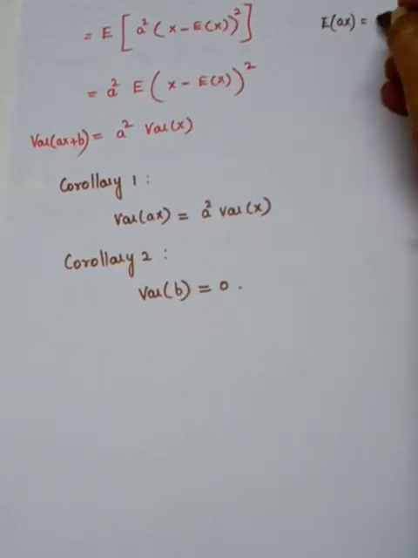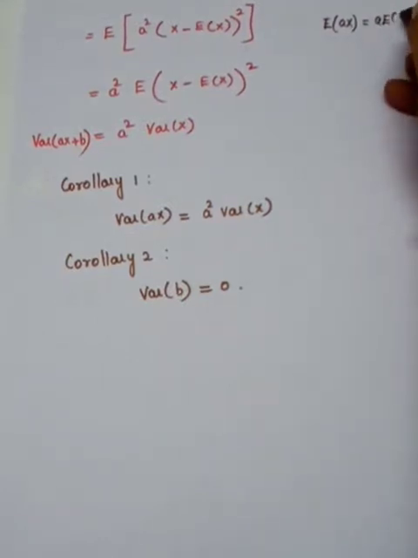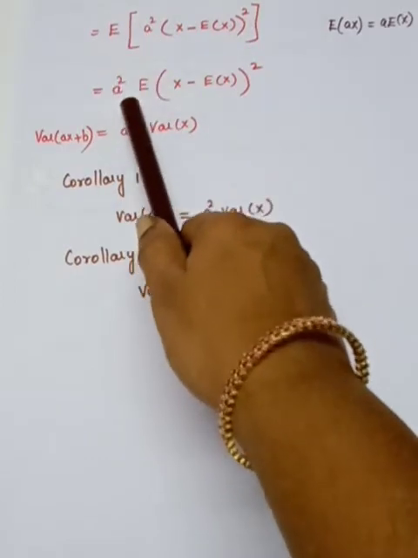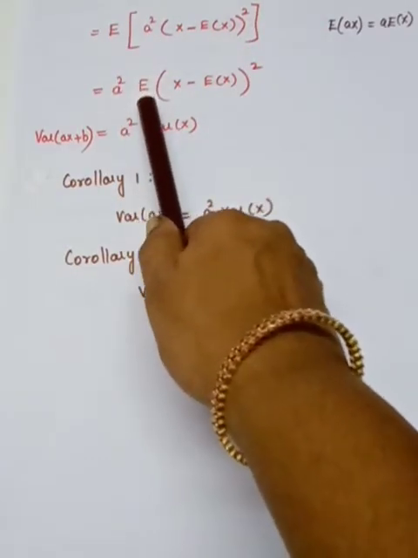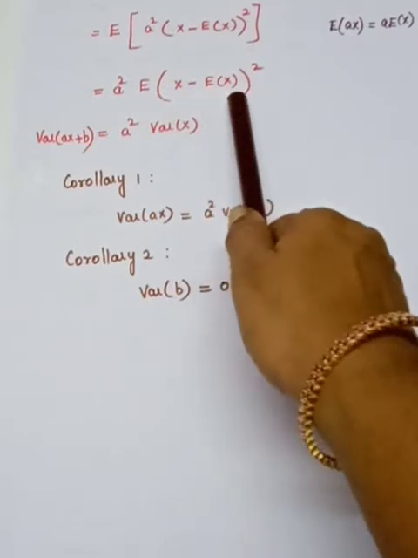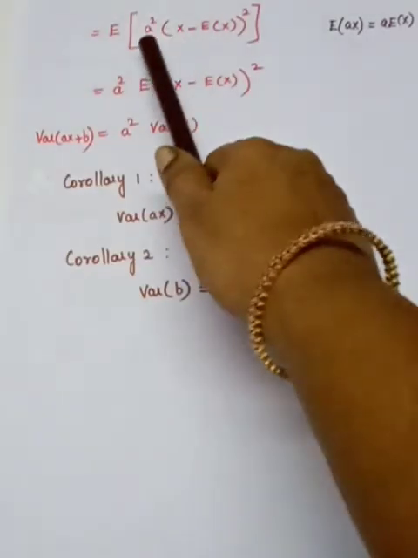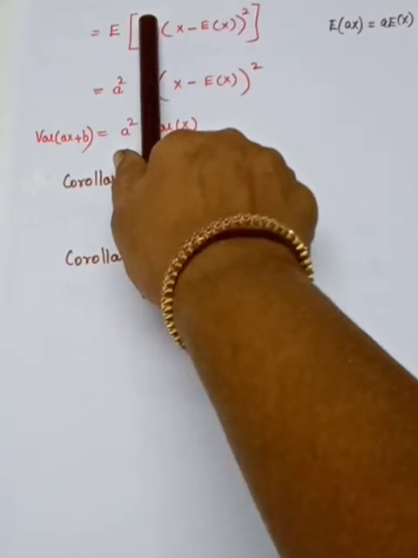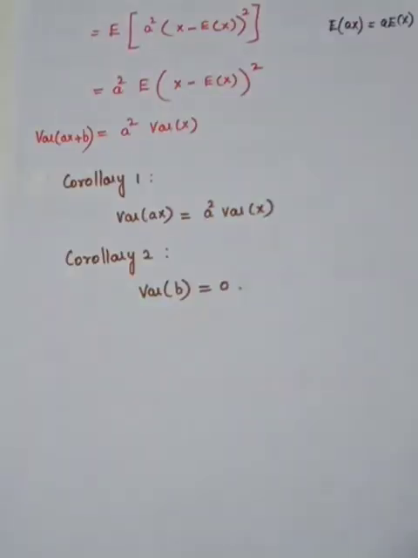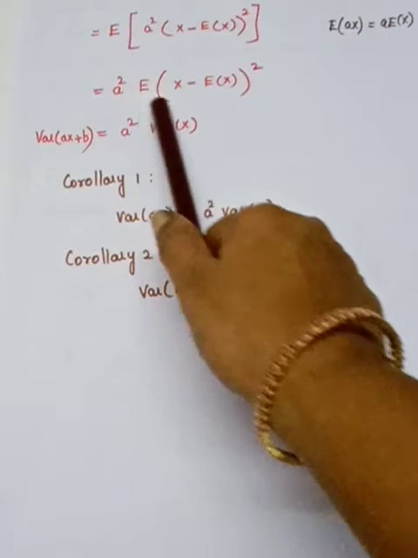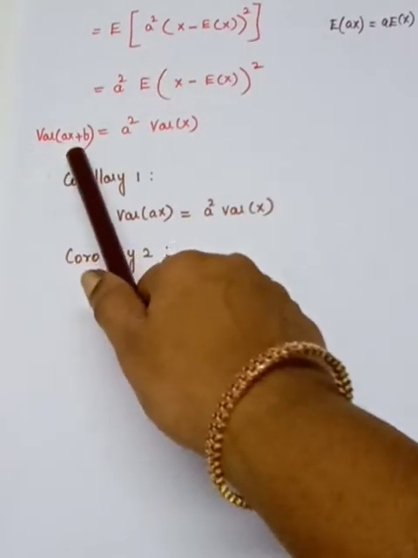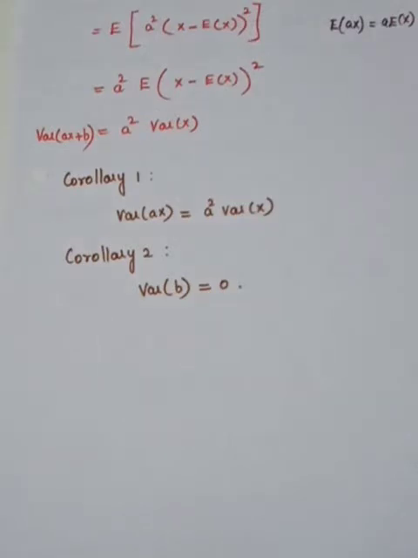It is nothing but a into E of x. So the constant we can take out. What is the constant present here? A squared. If you take it out, it is a squared into E of x minus mu, the whole square. Here this is nothing but the variance of ax. So variance of ax plus b is equal to a squared into variance of x.